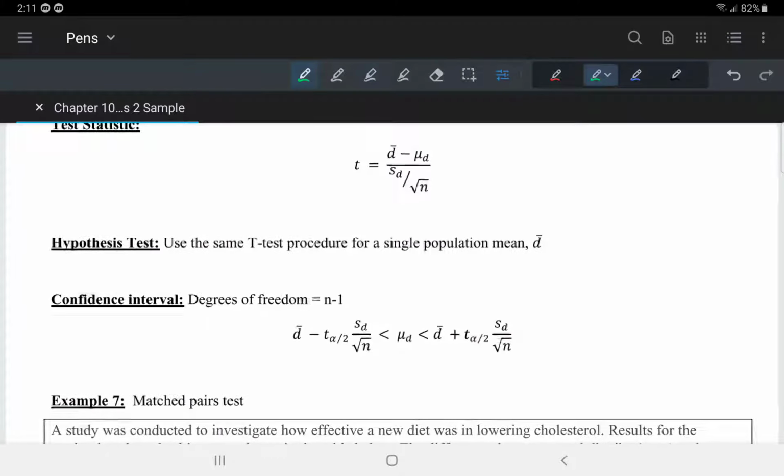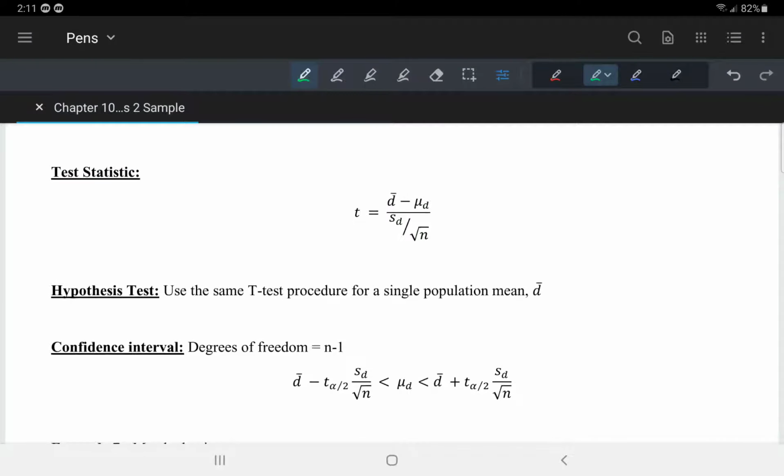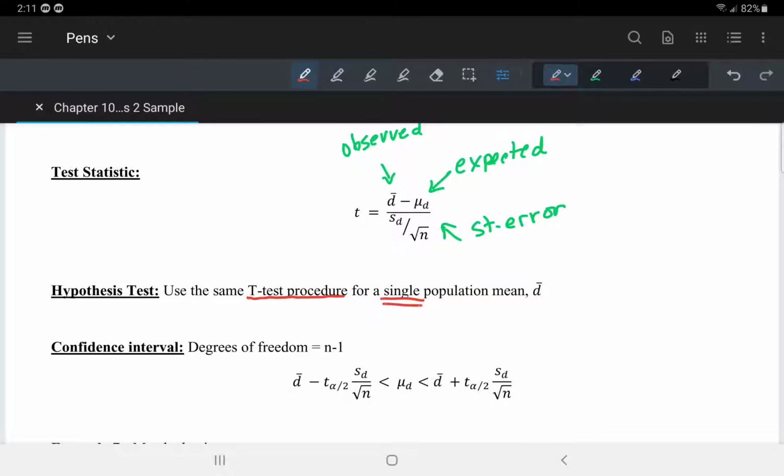Once we do that, then we can form our test statistic. It again comes down to this is the observed value, and this is the expected value, and this will be the standard error. Now, when we do this, we'll use the hypothesis test. It will be a t-test procedure, but we'll do it for a single population mean.